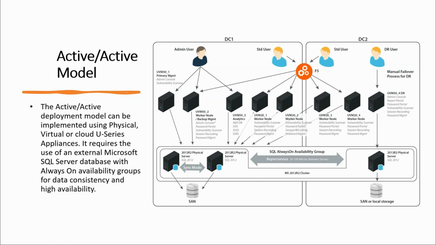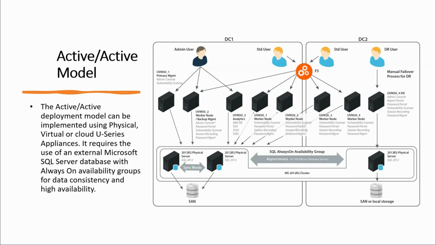Whereas in the active setup, the same data is synced within a fraction of a second. That's your synchronous replication. Let's say you have some new data, so within minutes it will be replicated to that server. In this active model we also have the SAN drive. Using the SAN drive, the failover happens, and it's a storage area network.